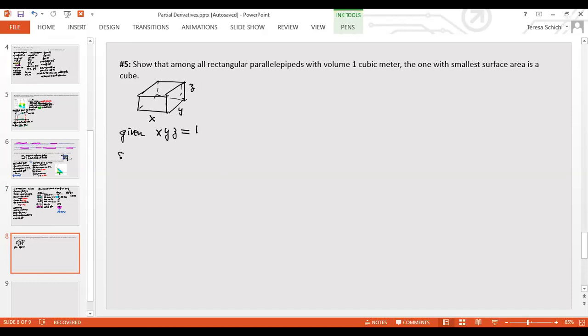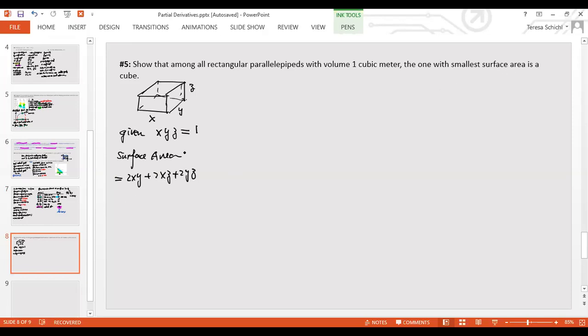So I know the surface area S is equal to 2xy plus 2xz plus 2yz here, okay? And so we said that whatever has the smallest surface area is a cube.